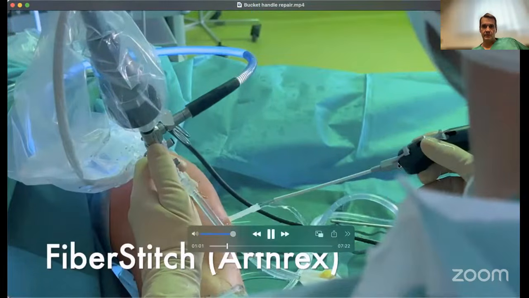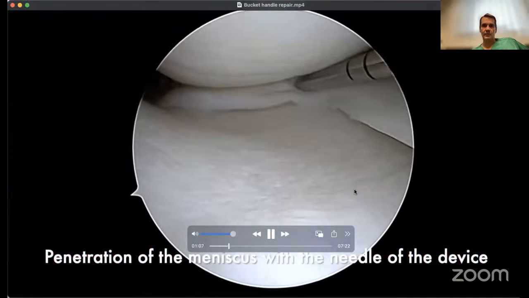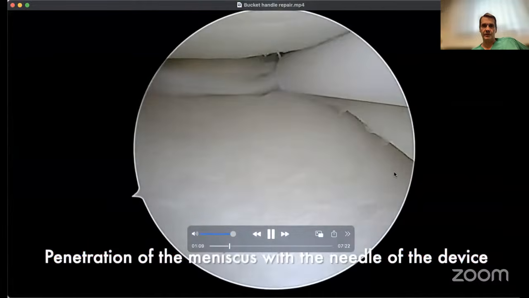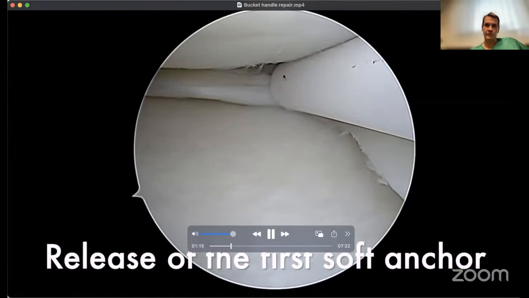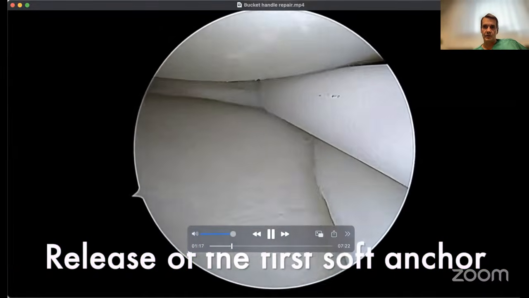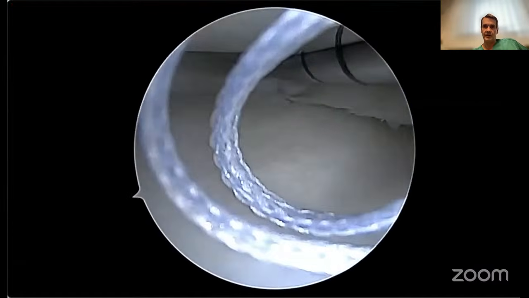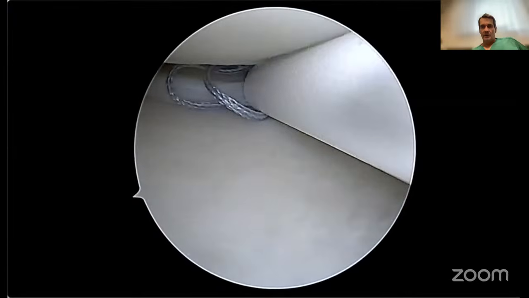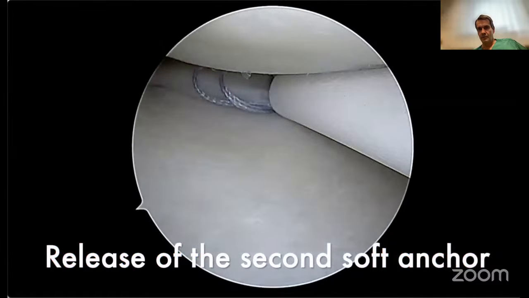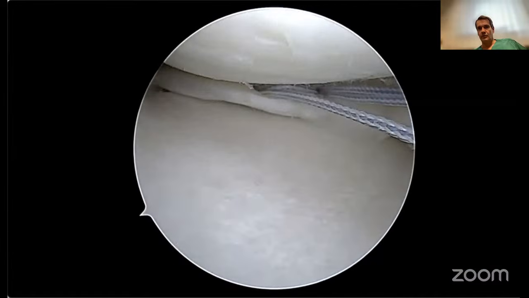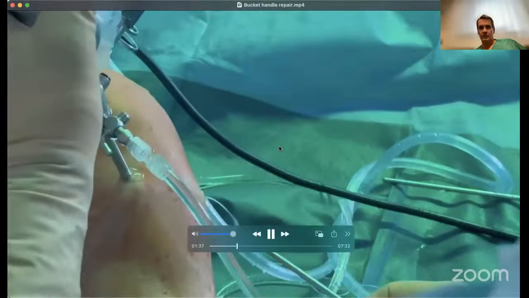This is the FiberStitch from Arthrex. With the needle of the device, you penetrate the torn meniscus fragment and also the base of the meniscus, and you push the meniscus anchor forward. This implant is a so-called soft anchor. You pull it back, and you close both sutures by pulling these loops.